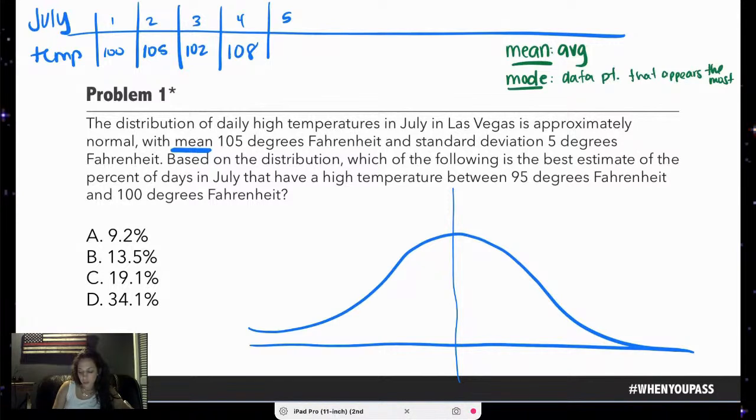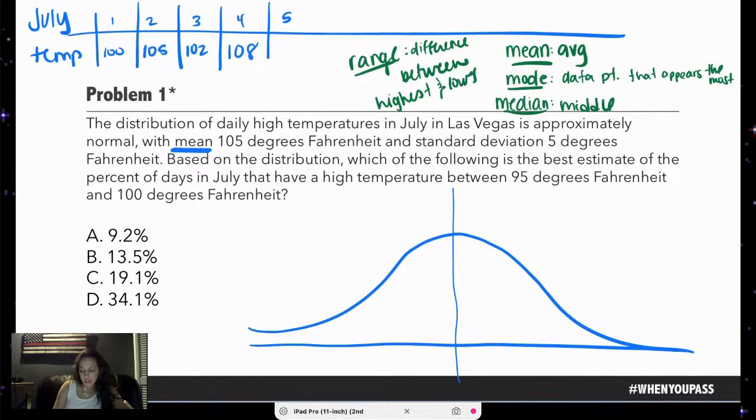The median is the middle point, and the range is the difference between your highest and lowest data point.